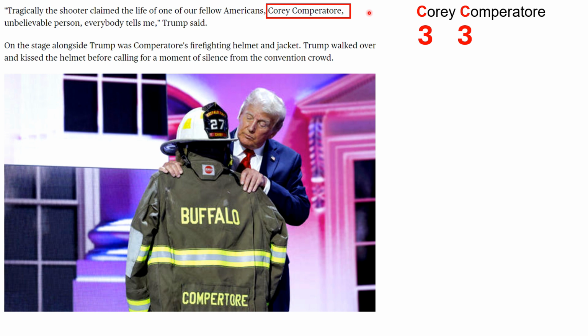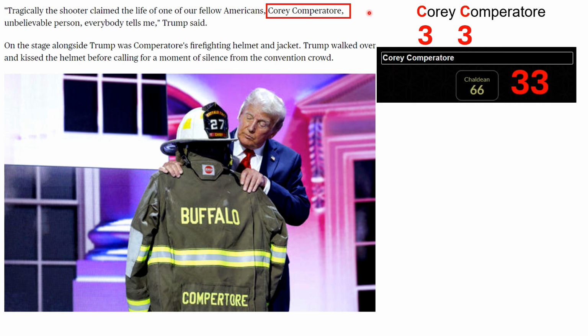Now if we look at Corey Comparator, that's 33 CC for 33. And if we look at Corey Comparator, it's 66 in Chaldean for our 33. 66 is also a master number, but I think it's more linked to 33. So really strange.